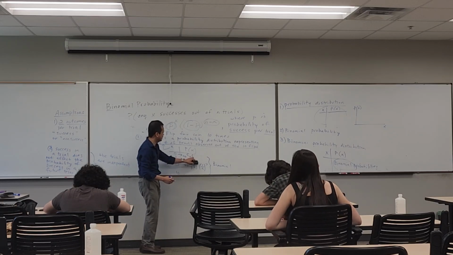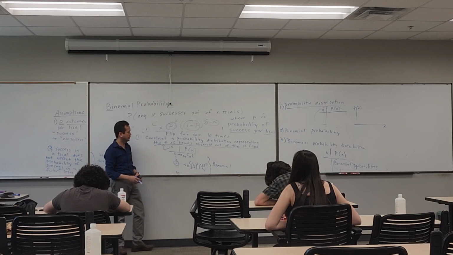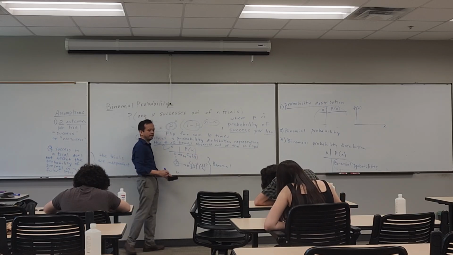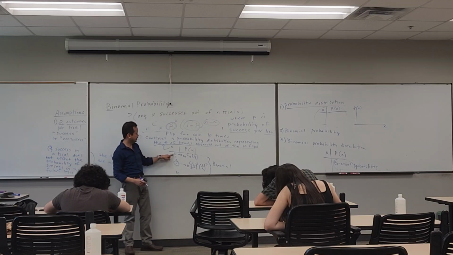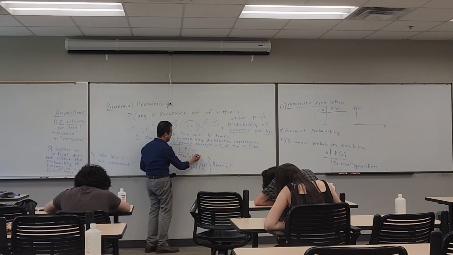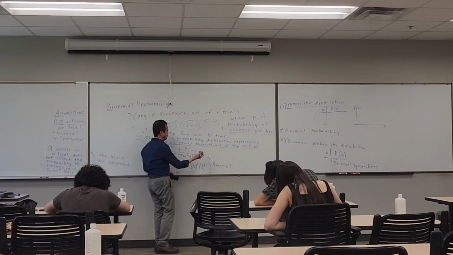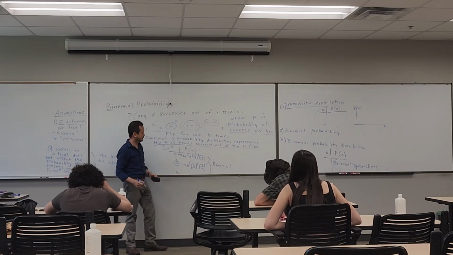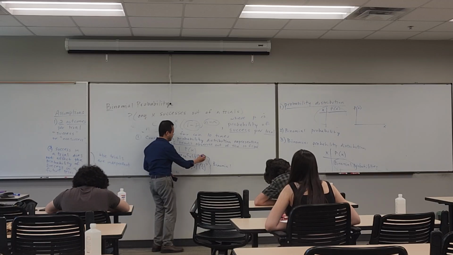Times the probability of success or heads for a fair coin is 1/2. Raise the number of heads that we want. Yeah, in this case it's 0 heads. Times the probability of tails for a fair coin is 1/2. Raise the number of tails we want, which is 10.